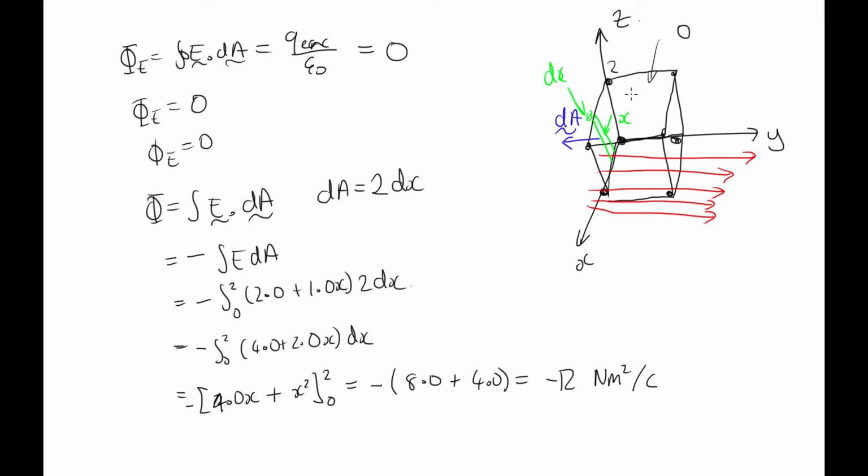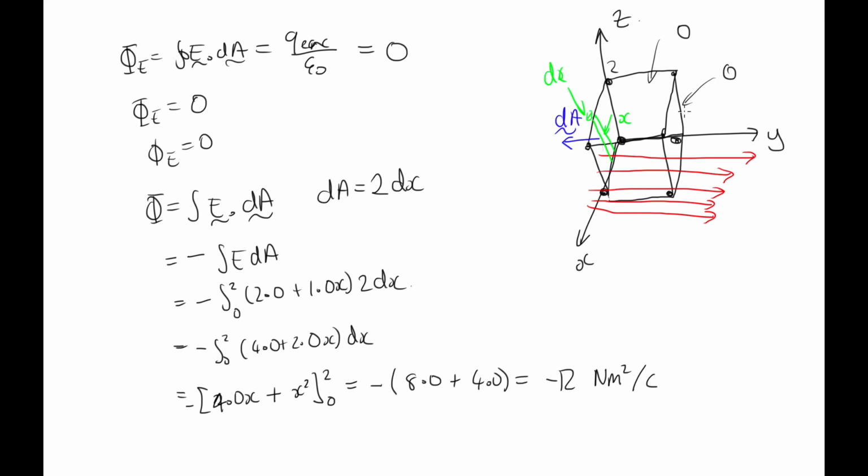Next, we have this back side here, which is (0,0,0), (0,2,0), (0,2,2), and then (0,0,2). Once again, the plane is parallel to these electric field lines. They're not cutting through it, so it's 0.